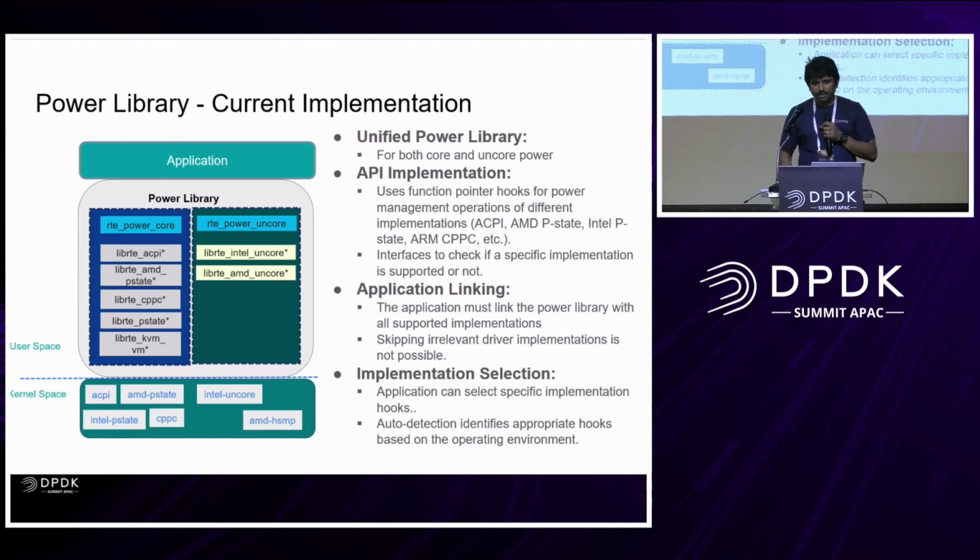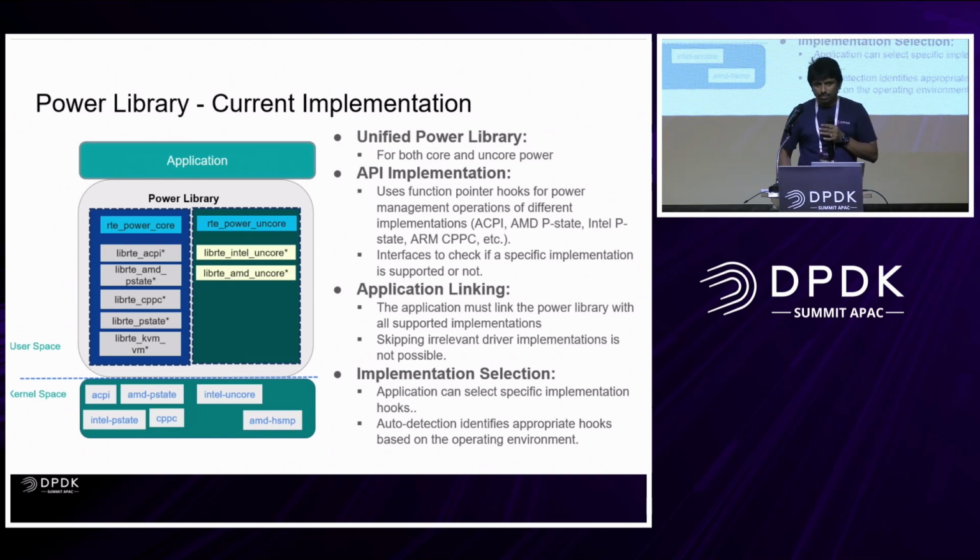It is good, it's working fine. When you build the DPDK, you'll have a power library with all these components coupled together. When the application links this power library to make use of the power capabilities, it has to link the library with all the different components in place.